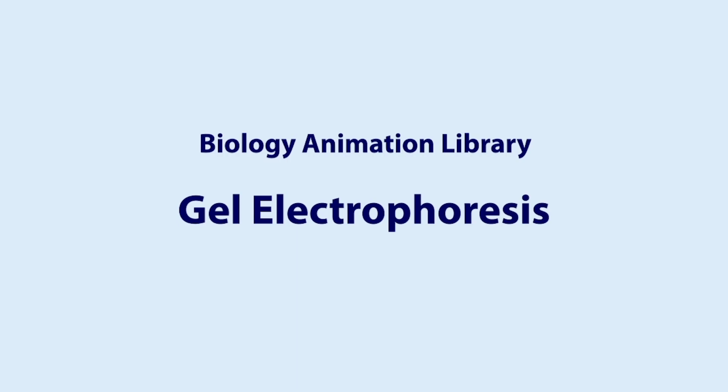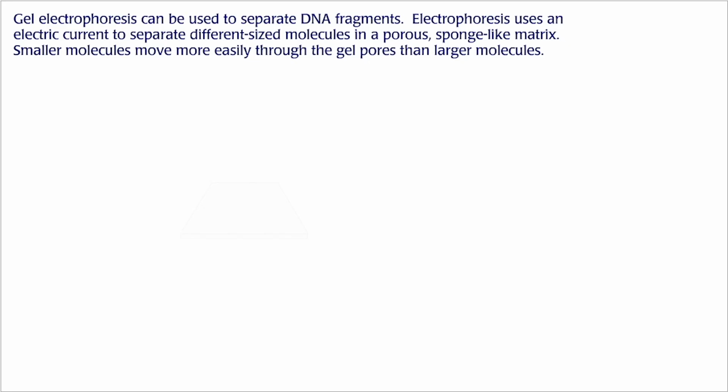Gel electrophoresis can be used to separate DNA fragments. Electrophoresis uses an electric current to separate different sized molecules in a porous sponge-like matrix. Smaller molecules move more easily through the gel pores than larger molecules.